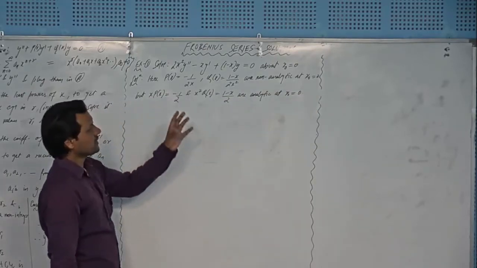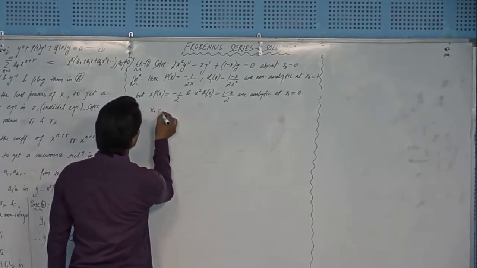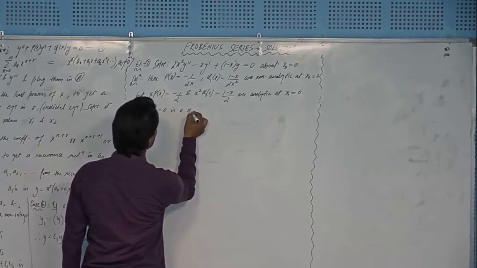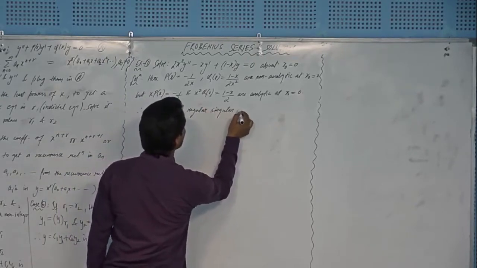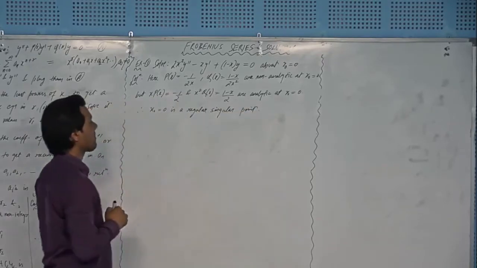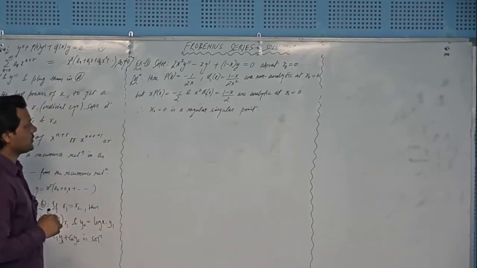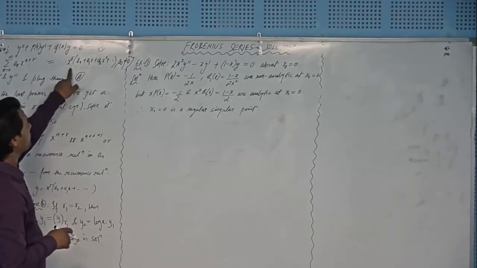So we can say that x equal to 0 is a regular singular point. Therefore, x equal to 0 is a regular singular point, right? Okay. Now we hope that our solution will be of this form, Frobenius series form.